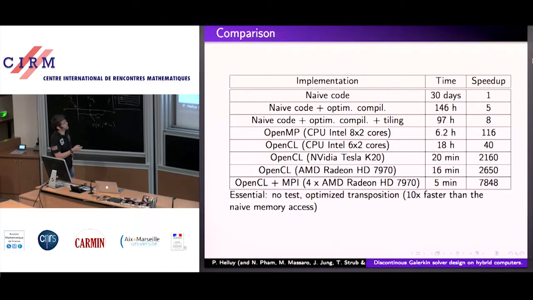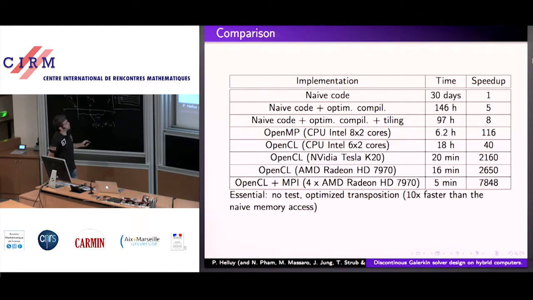program. And what is interesting with OpenCL is that you can also run the same program on a classical CPU with 12 cores, and you also have an interesting speedup. So it means that even if you don't have a GPU, it's interesting to use OpenCL, and you have performance that is comparable to OpenMP here.